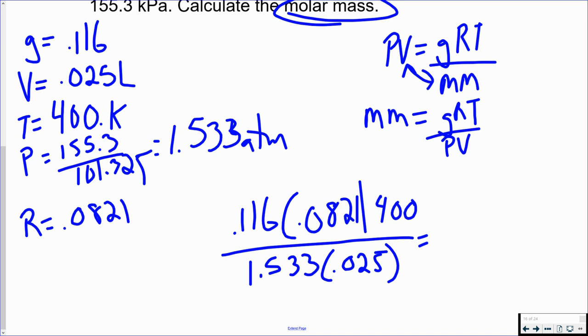I got 0.116 times 0.0821 times 400 divided by 1.533 and divide that also by 0.025. That's going to give me a molar mass of 99.4 grams per mole. Now, since we don't know what gas it is, that's how we'll have to leave it.